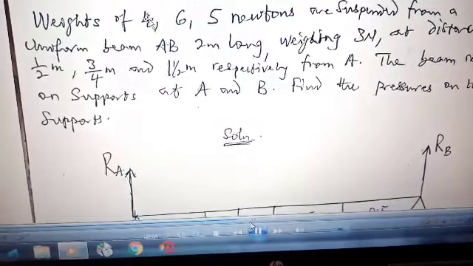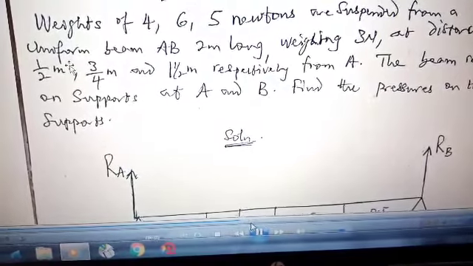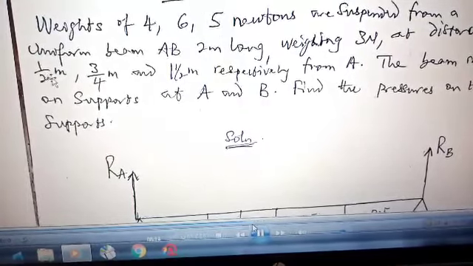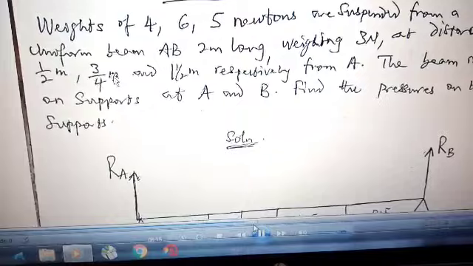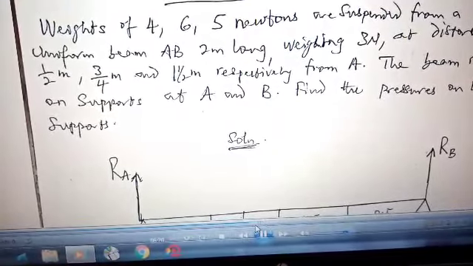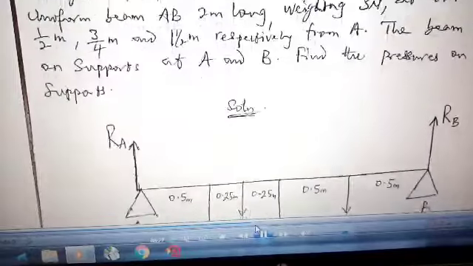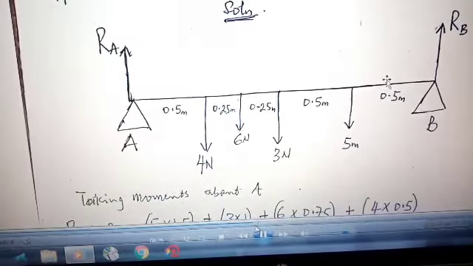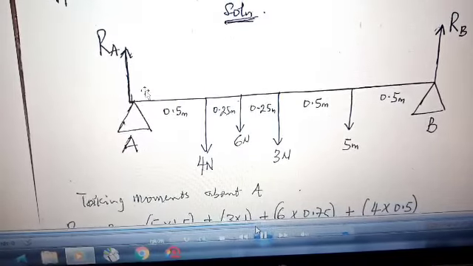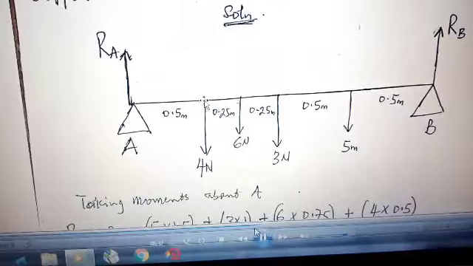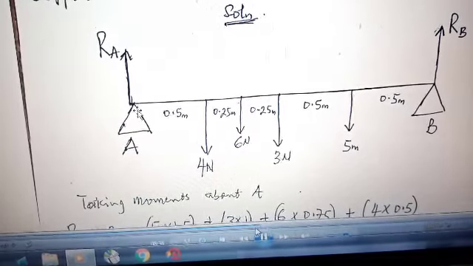That means the 4 newton weight was hung at a distance half meter from point A. Now come back here. This is the end, this is where you have your point A. This is the beam AB. See this length and this point A. And the 4 newton location is here, 0.5 from this point A.